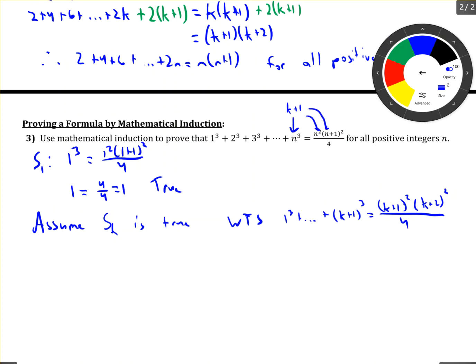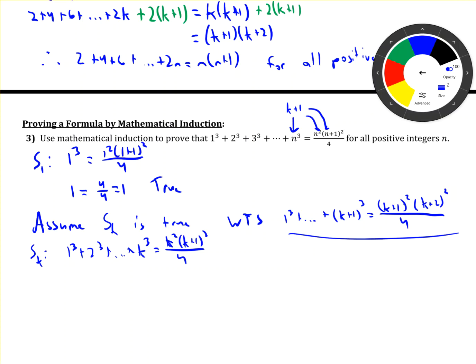I like to write that down so I know what my goal is, but we don't get to use that. That's just what we want to show. What we've got to use is the original statement with just k. So S sub k is the statement 1 cubed plus 2 cubed plus dot dot dot plus k cubed is equal to k squared times k plus 1 squared over 4.